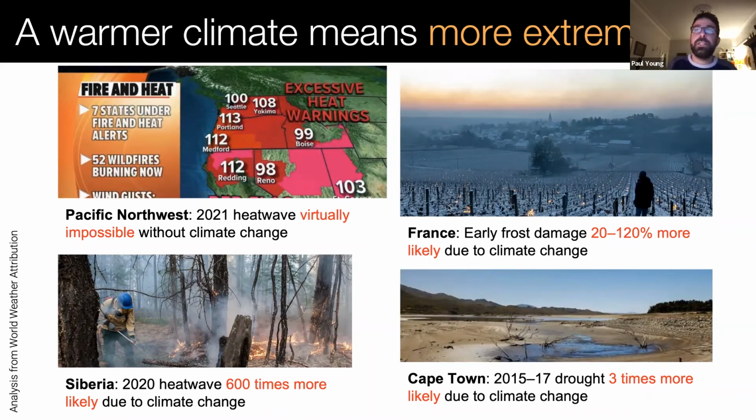France this year suffered frost damage to the crop of grapes used to make wine. The reason is that as temperatures have been getting warmer, the plants have been developing earlier in the year, which puts them at risk of cold spells. So it's not that climate change had made it colder, it's just that it had made the plants come out when there was more of a risk of it being cold.